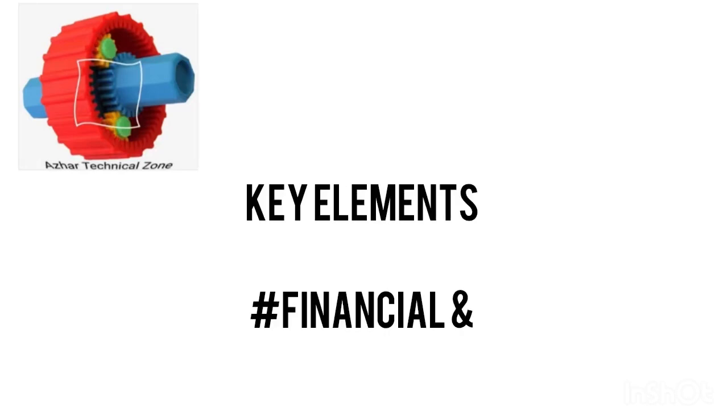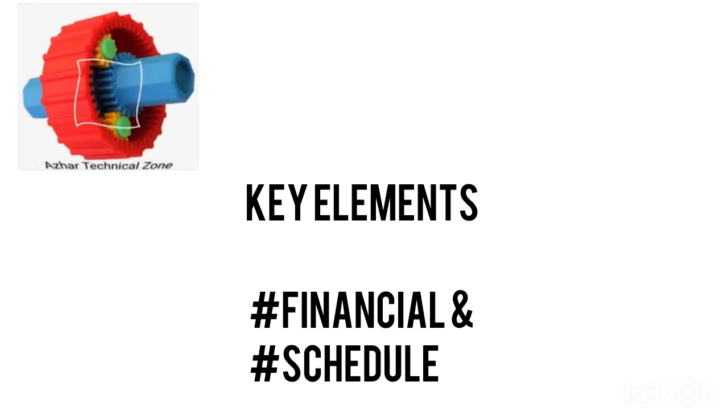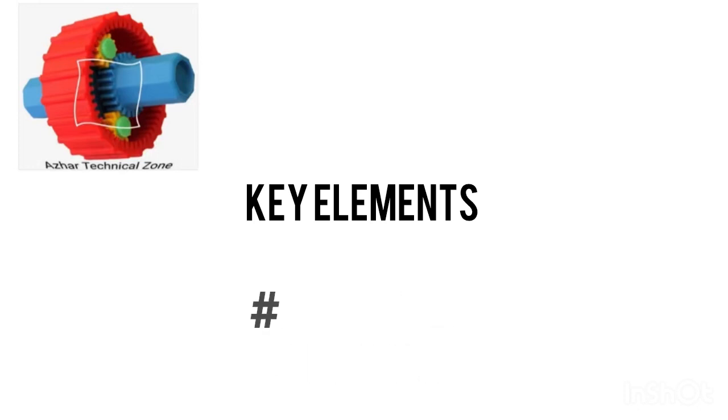There are two main tools and techniques which are used to control the project. To control any project, there are mainly two sectors which we are going to focus on. Those are financial and schedule. These are the key elements to control the project.